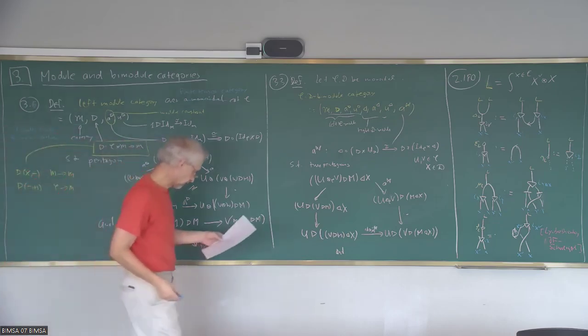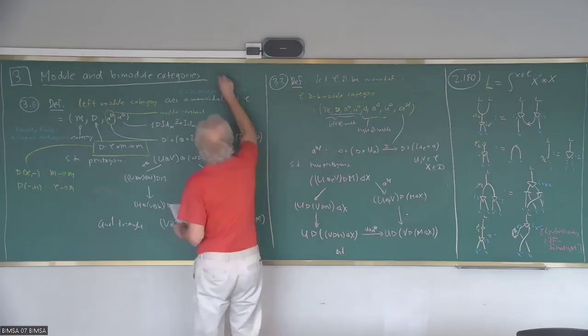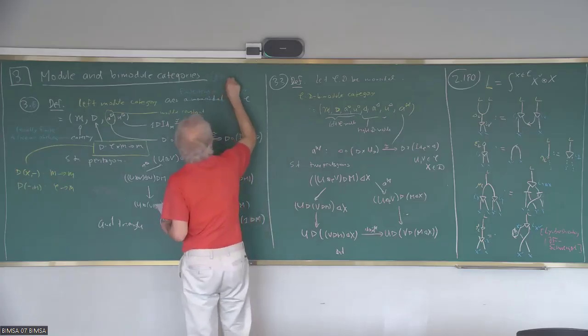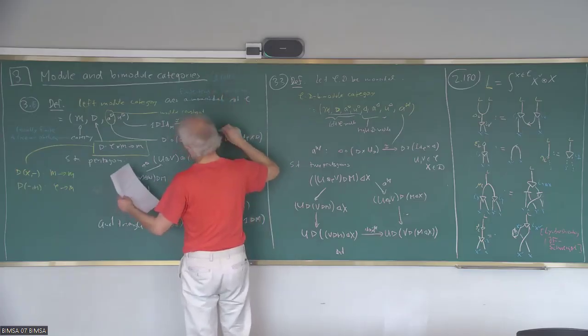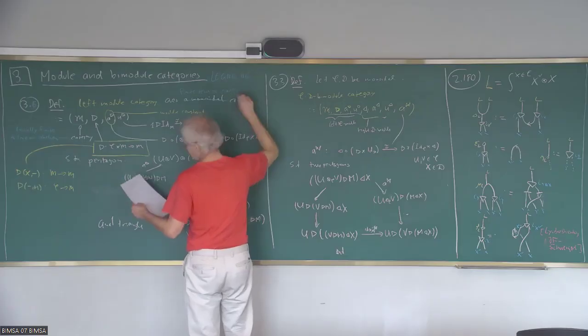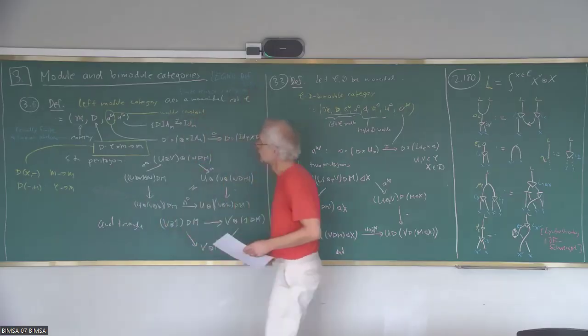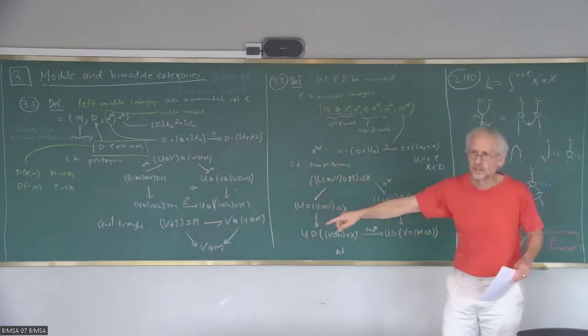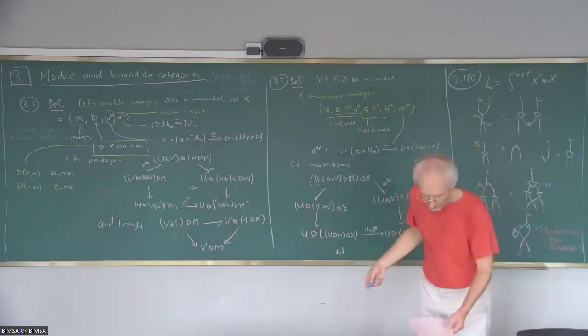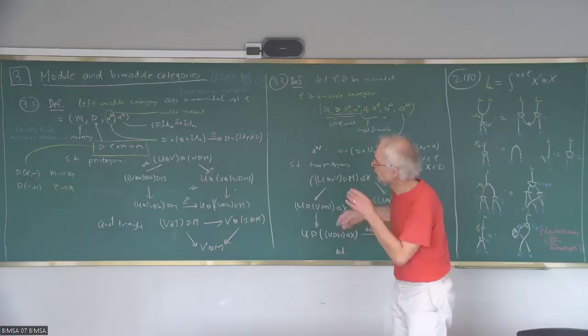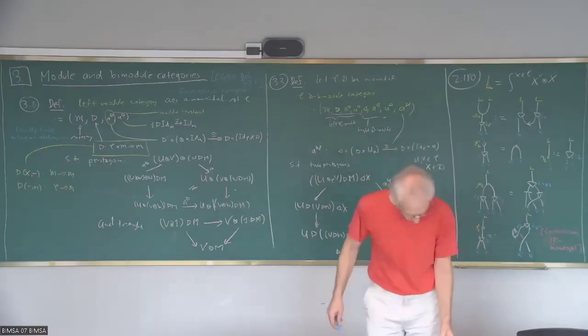And this you find in the Etingof book as definition 7.3.1. If M is not just locally finite, but in fact finite, then one talks about a finite module category.